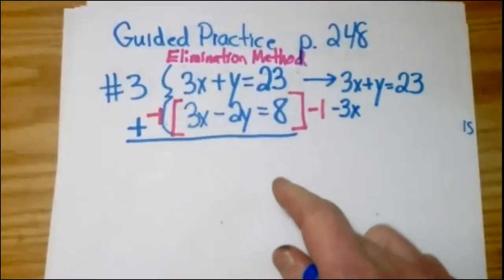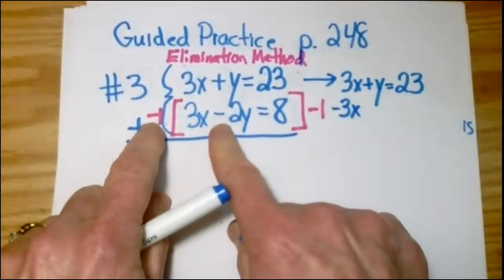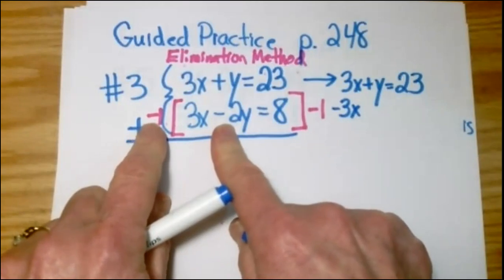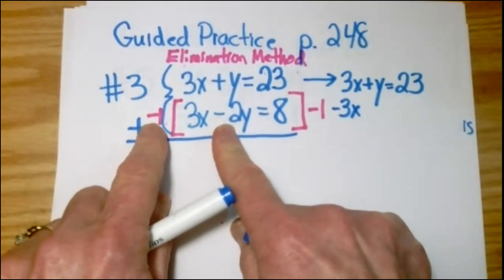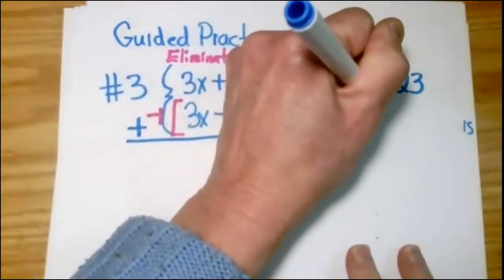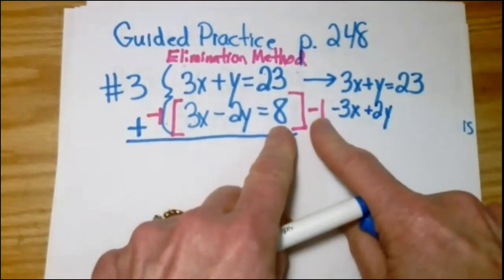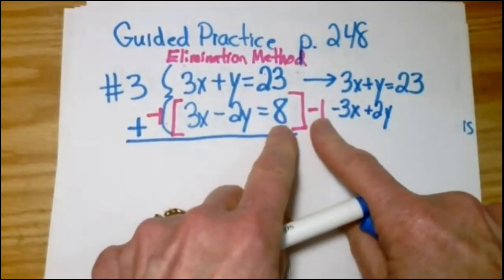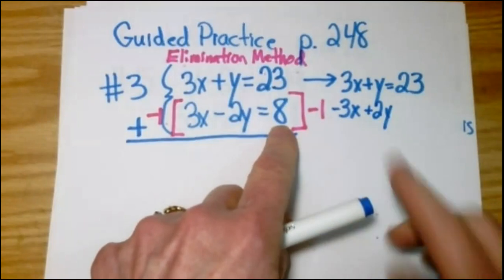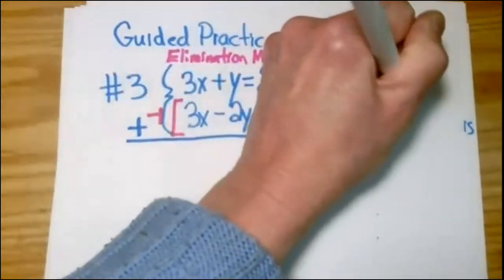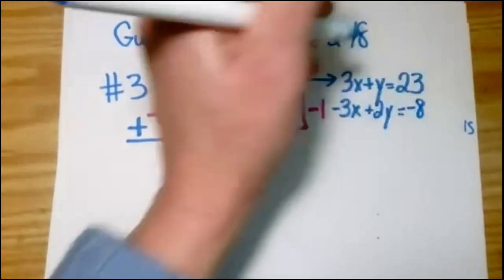Be careful on the next one. Negative 1 times the negative 2y. Two negatives multiplied together will give you a positive. So that's going to become plus 2y. And then on this side, we have a negative 1 times 8. A negative times a positive is going to give me a negative 8.